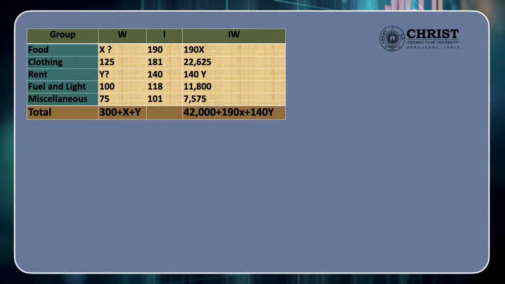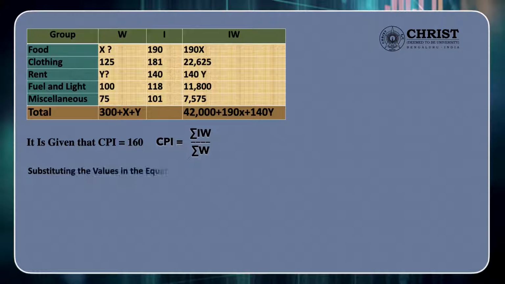This is also an important information we are going to use. Now CPI is given in the question, it's 160. CPI is calculated using the equation sigma IW divided by sigma W. So substituting the values, we get 160 is equal to 42,000 plus 190x plus 140y divided by 300 plus x plus y.